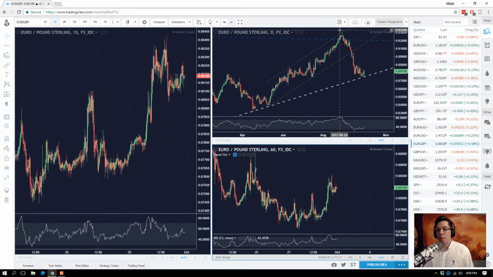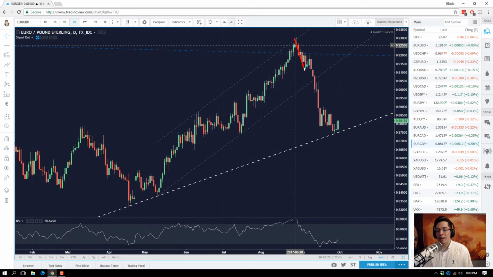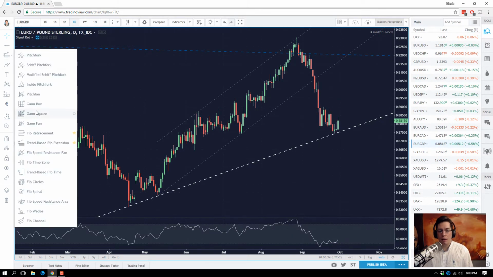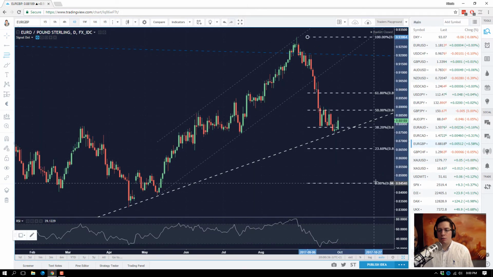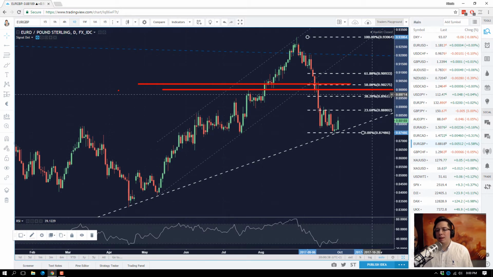Euro pound, nice move lower, looks like a potential impulsive setup, like a nice 5 legs here. We have a divergence, so looking for a pullback and then short can be fine. But let's see. So draw a Fibonacci from top to the bottom. 50%, 90.27, definitely comes around 90. So that's what we are going to watch.